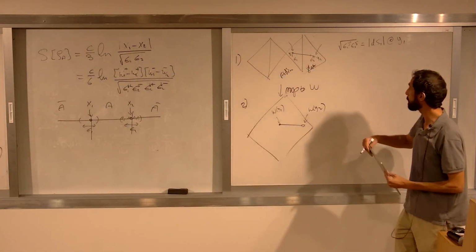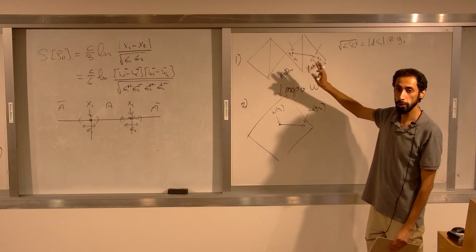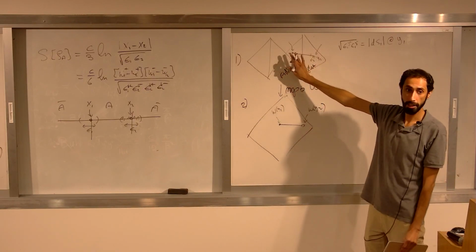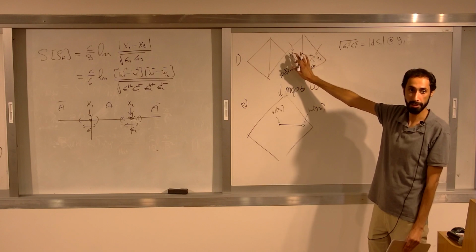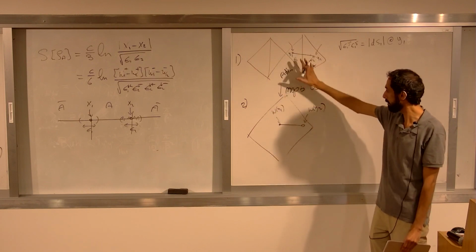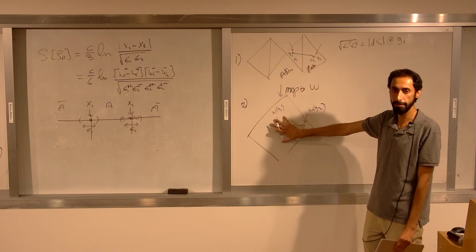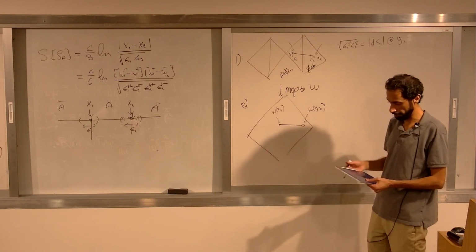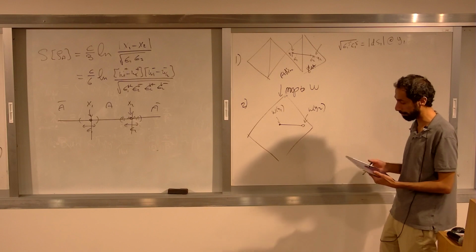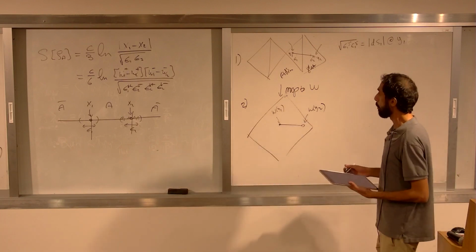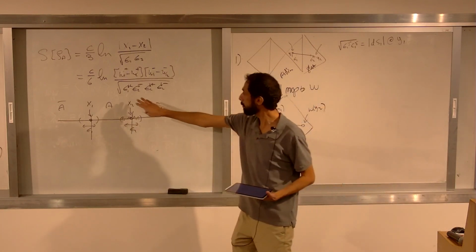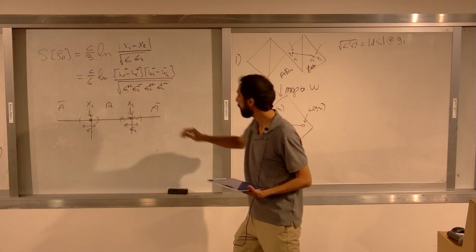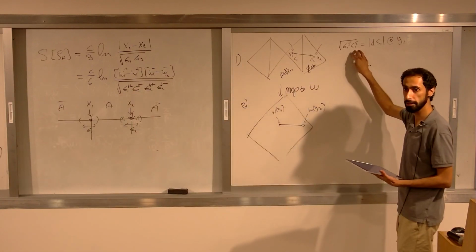The physical cutoffs were measured using the physical space-time, the physical metric, not this auxiliary flat metric that we just put in for the sake of making things simple. So how are these cutoffs related to these cutoffs?